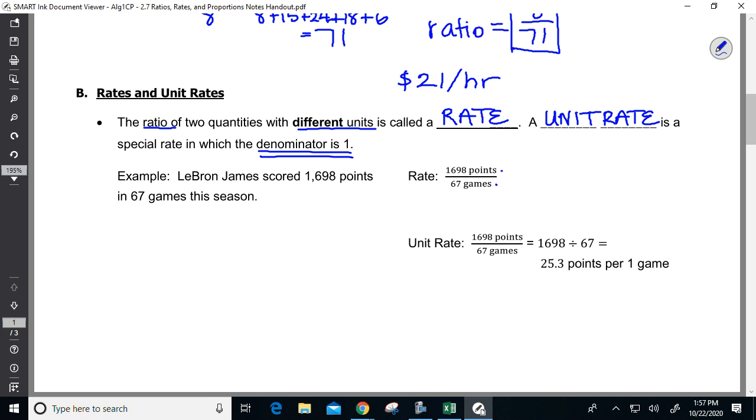If you want to make it a unit rate, you simply divide them out. 1698 divided by 67, so that's 25 points per one game. Or you can write it as 25 points per game. So to get a unit rate, you just divide.